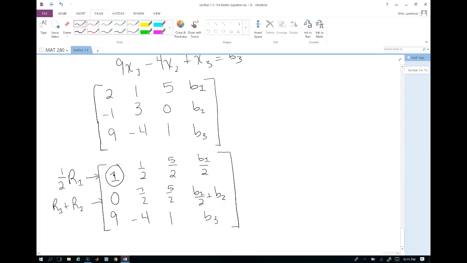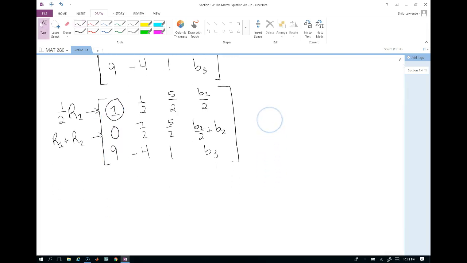And now we also want a 0 in that last row under our first pivot position. So I'm going to do negative 9 row 1 plus row 3. Everything else is going to stay the same.